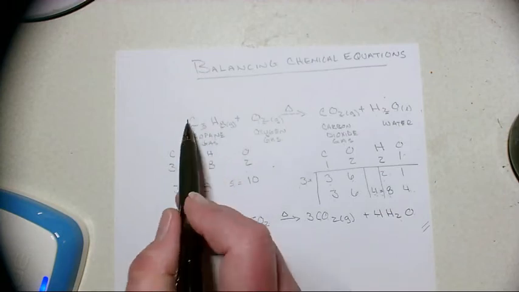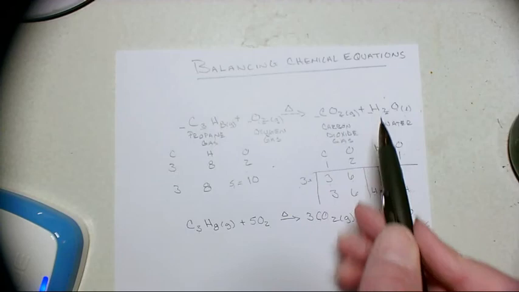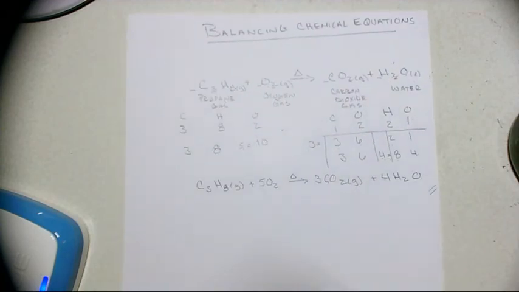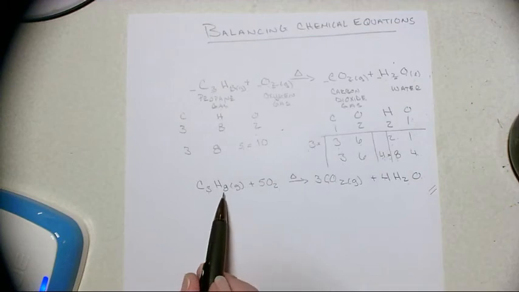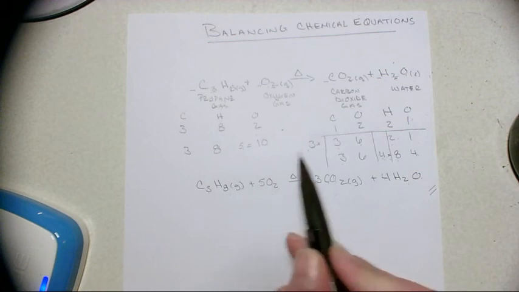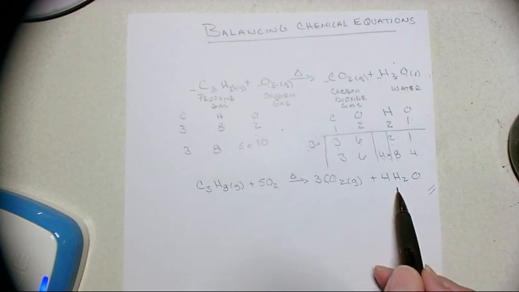The only thing we do is add some sort of coefficient in front of our molecules to figure out how many pieces of them go together. So what this says in short is that for every 1 propane molecule, I need 5 oxygen molecules to react together, and I will get 3 carbon dioxide molecules and 4 water molecules. So this is your recipe. Cool.